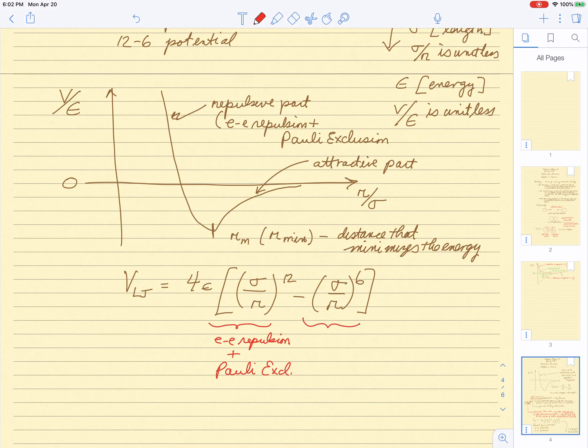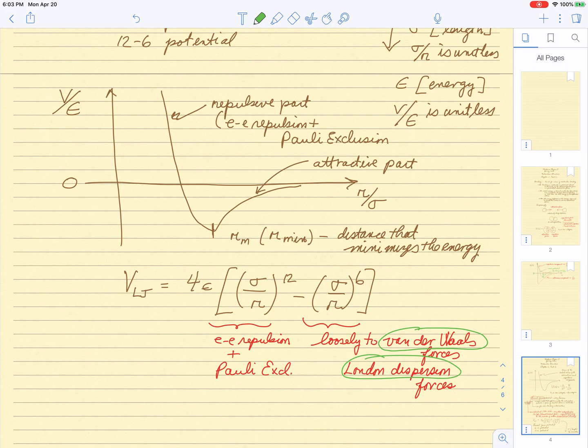This part is due loosely to van der Waals forces, or more aptly, these would be called London dispersion forces. And that's your homework, actually. Part of your homework is to look up van der Waals forces, London dispersion forces. Okay?